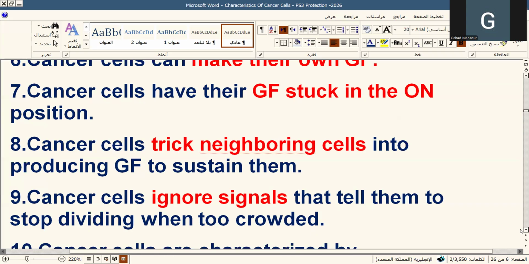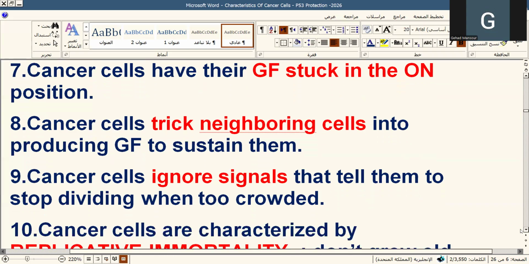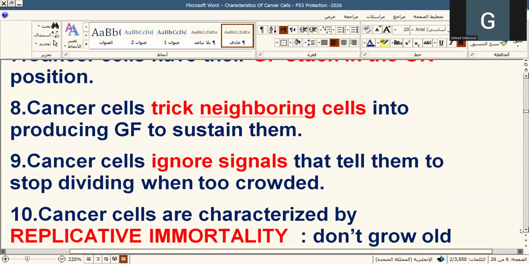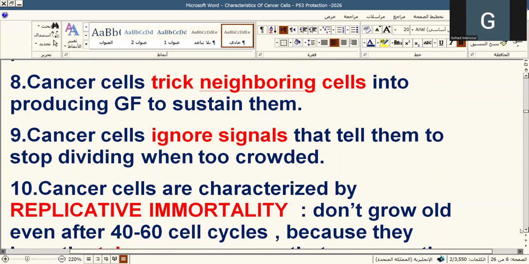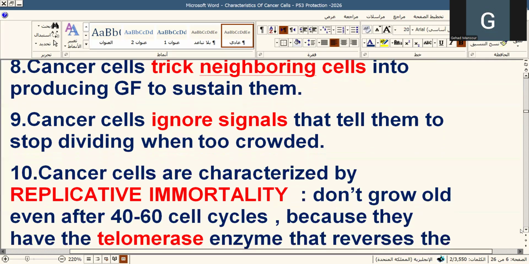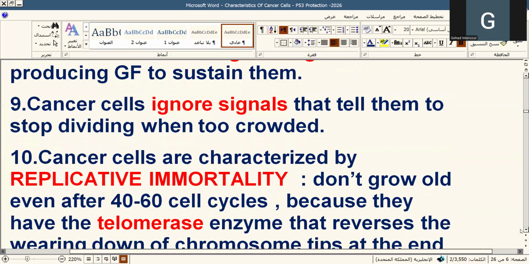But the cancer cells have their growth factor stuck in the on position, which means that the growth factor is always working. Another third amazing abnormality is that the cancer cells produce their growth factors internally, have their growth factor constantly in the on position, but also trigger their neighboring cells to make growth factors for them.